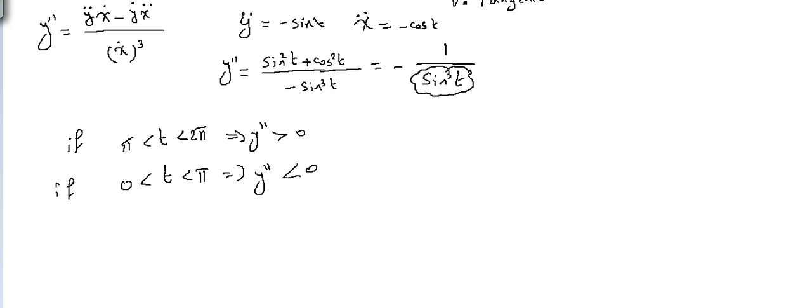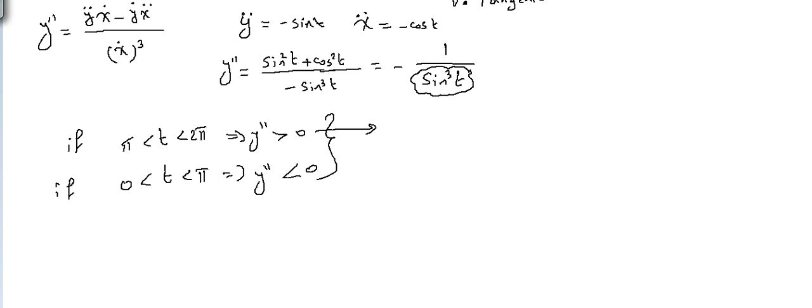Parametric curves, part 2. In part 1 we found the sign of the second derivative, where it is positive and where it is negative. What's the meaning of the second derivative being positive? This means it's concave up.